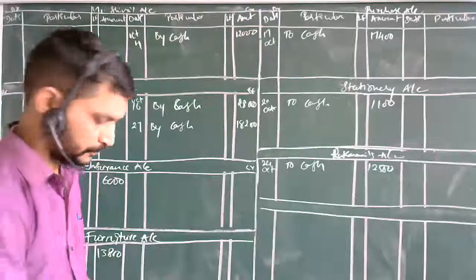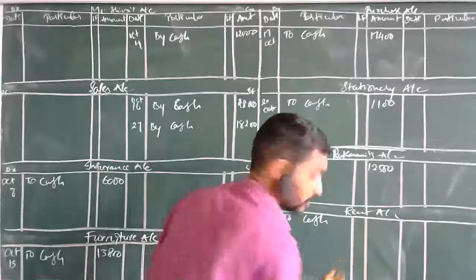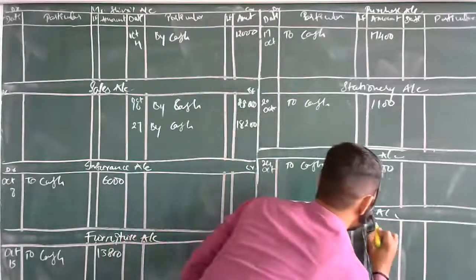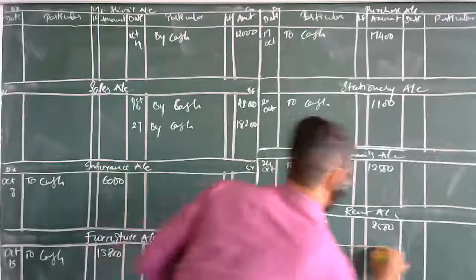Next is what? Rent account. On which date is it? 28th, to cash. What is the value amount? 2,500. Then even this entry got over.